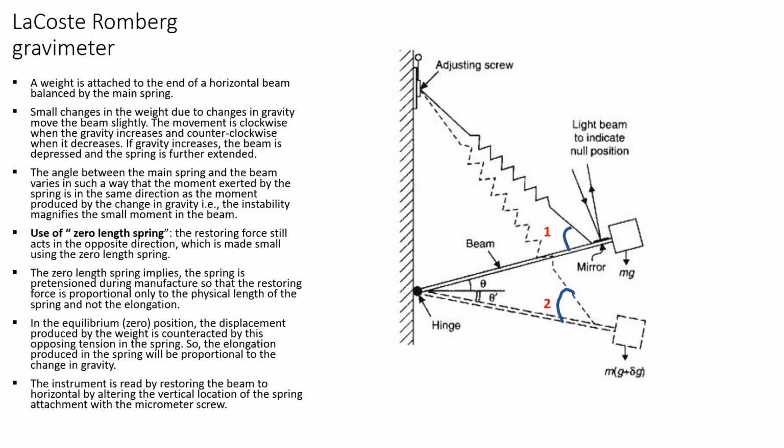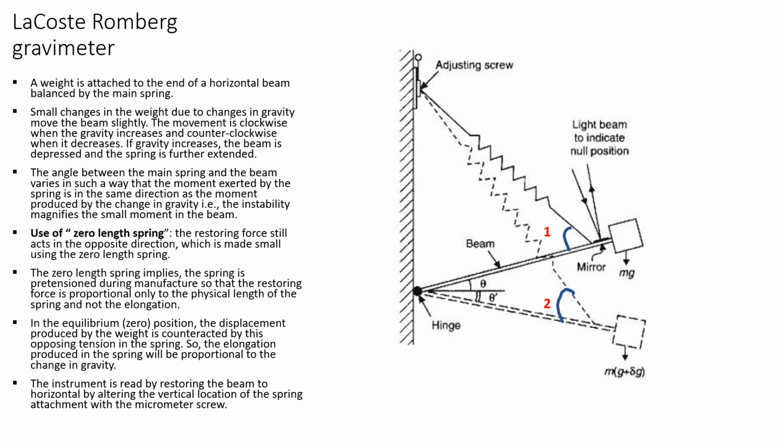So what we have seen in the LaCoste-Romberg gravimeter is that in the equilibrium position itself, when the beam is in horizontal position, the spring is exerting the required tension so as to balance the weight of the mass itself, that is the pretension which was introduced during manufacturing. So there is already a restoring force acting within the spring, but that restoring force is only proportional to the physical length and not to the elongation. Elongation is only produced when the weight changes because of small changes in the value of gravity.